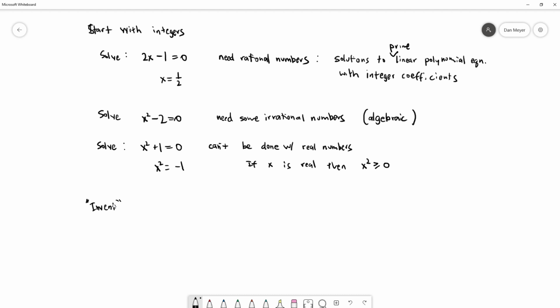Is math something that man made up, or something that exists independently of man that we discover? If you think about aliens, they're probably going to discover some math, and so maybe we didn't make it up. Maybe we're just discovering it the same way an alien civilization would. But anyways, we're going to invent a new number, and we're going to call it i.